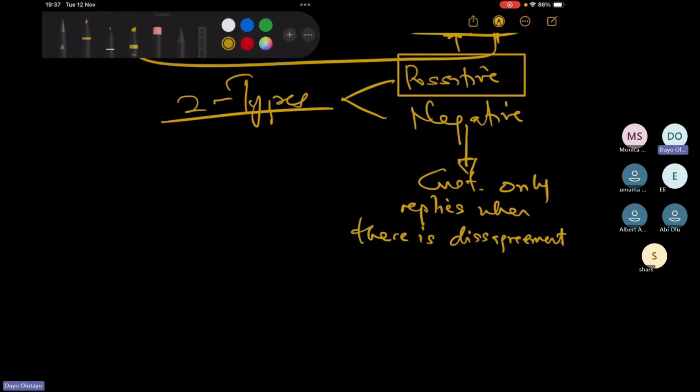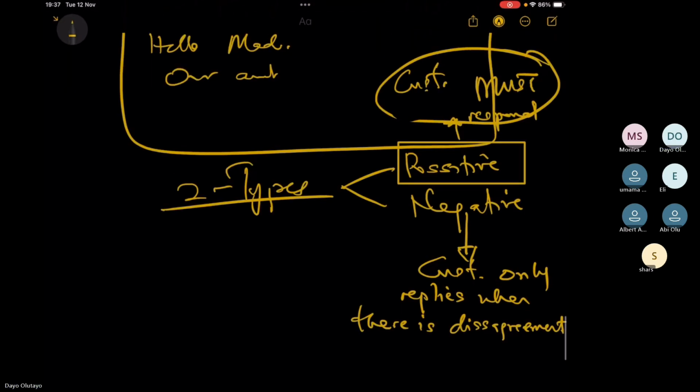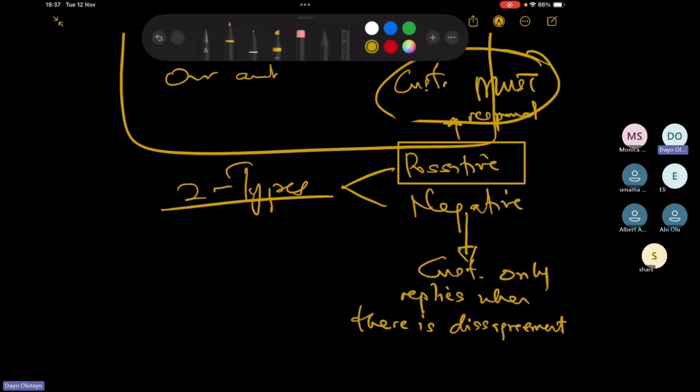But in the place of audit, which one do you think would give better evidence, positive or negative? Positive. Exactly, positive. So in audit, you are advised to do a positive confirmation.